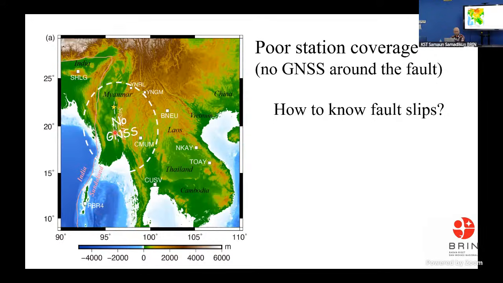So no station nearby. So in this case, it is very difficult to map the fault slip because we do not measure the crustal deformation by using GNSS. However, if you analyze ionospheric disturbance, you can get some information about crustal deformation.